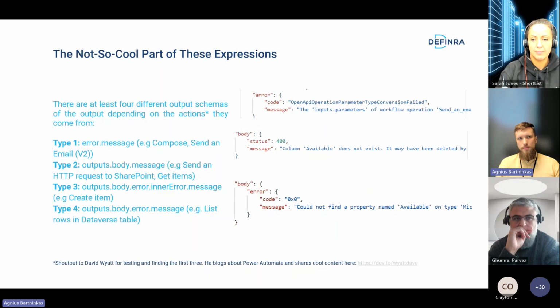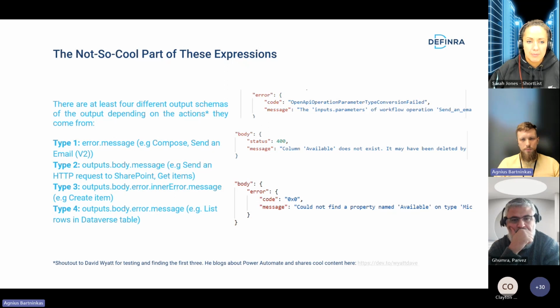So what this means is that regardless of the approach we take, it will still be quite tricky to handle all exceptions properly. A big shout out here goes to David Wyatt for finding the first 3 of these. However, it seems like these can in fact change, because I found a 4th type myself, but could not reproduce type 3, as the create item action under the SharePoint connector would result in type 4 for me when I forced it to fail.